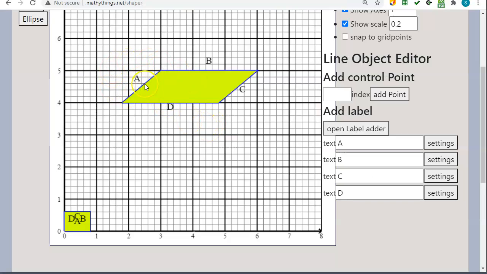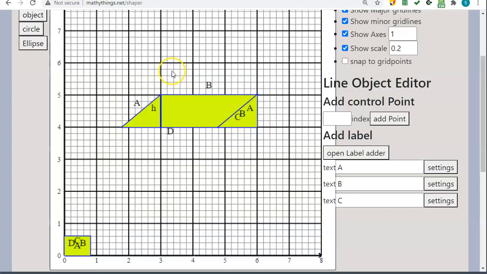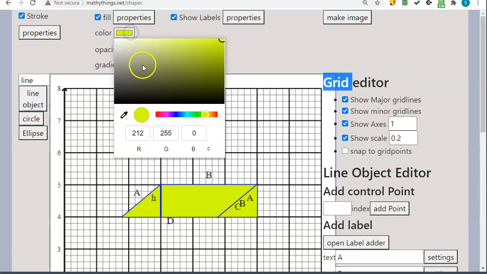Okay, so if I look at a parallelogram, and I look at the left-hand side, and I draw a vertical line, and I'm going to call that side the height, and then I come over here to this side and draw another vertical line, you can see that in fact this triangle right here, and I'm going to make that triangle a slightly different color just so it's a little easier to see.